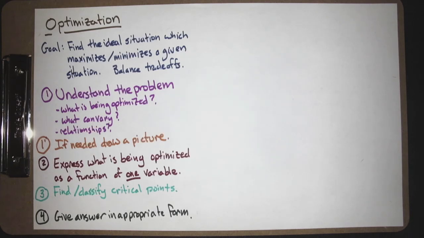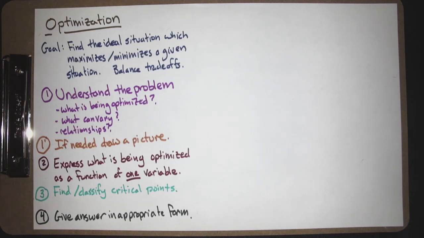That's optimization: maximizing and minimizing. We have the tools. So what's new? Mostly we're adding words. These are mostly word problems.